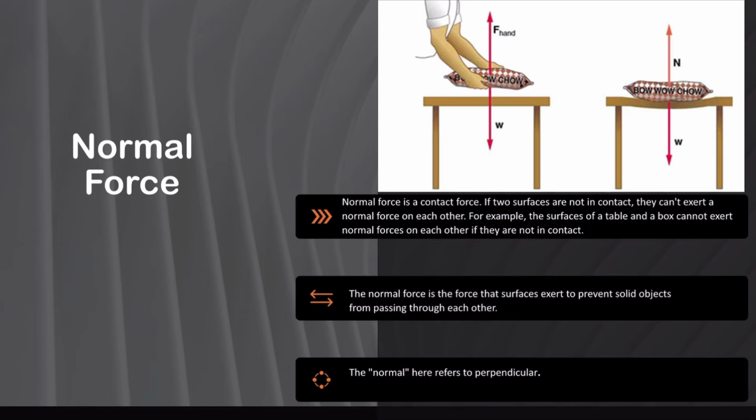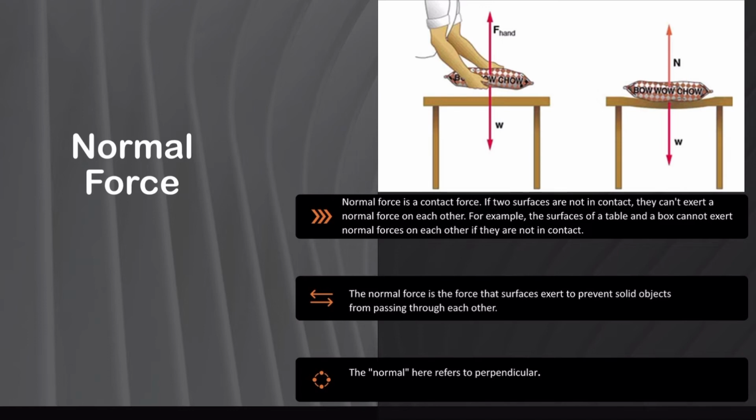For example, when we sit on a chair, there is a normal force acting upon our body from the chair, and that is why we can sit on a chair stably and don't pass through the chair or a table or whatever we sit on, or a book whenever we place it on a table.